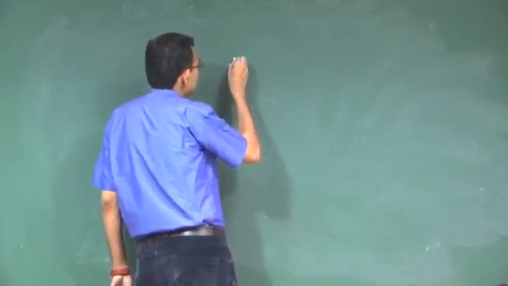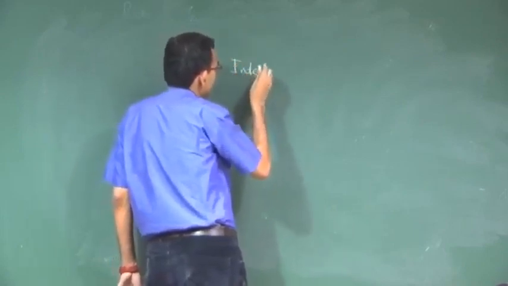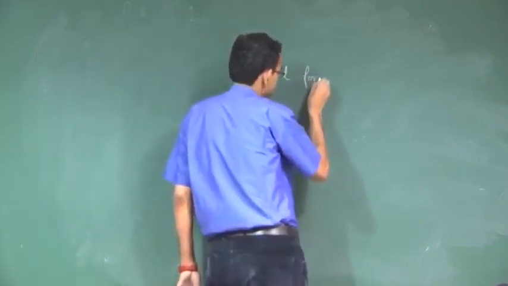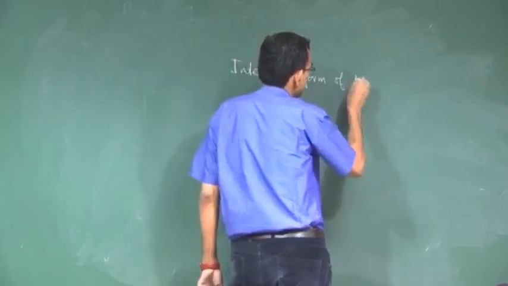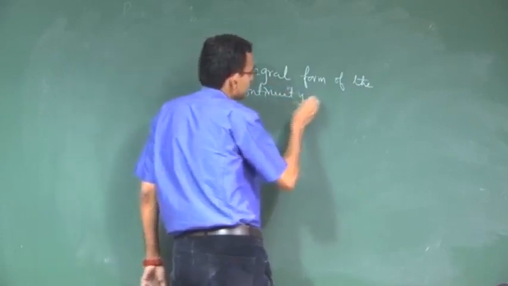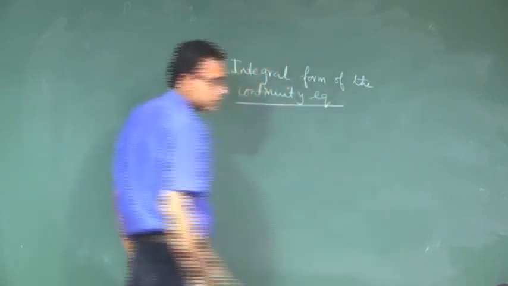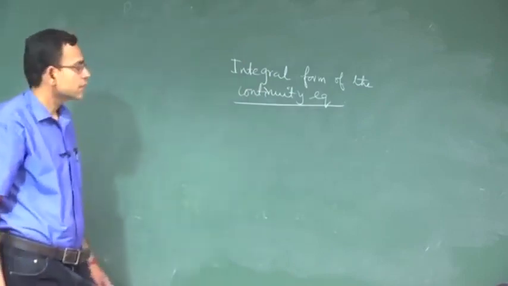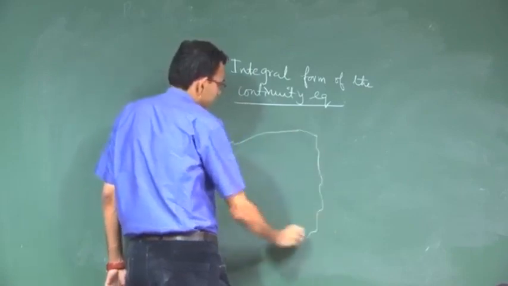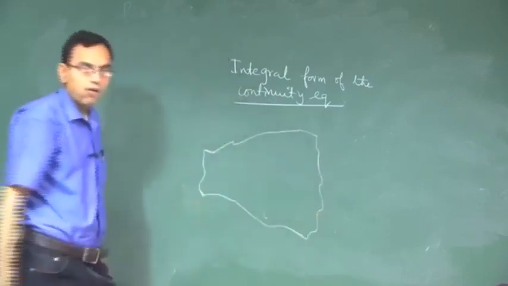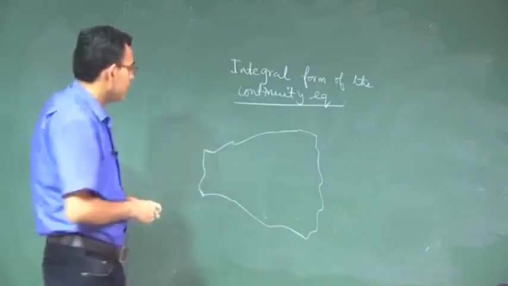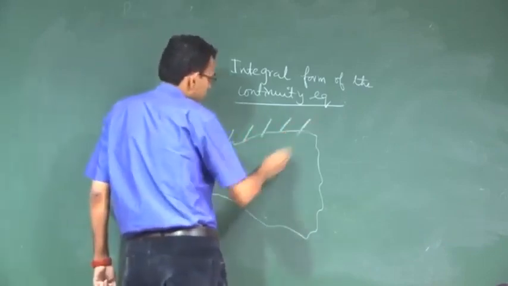So, in a way, that is about discussing an integral form of the continuity equation. Let us say that we have an arbitrary volume like this, absolutely arbitrary, but the sides are blocked.